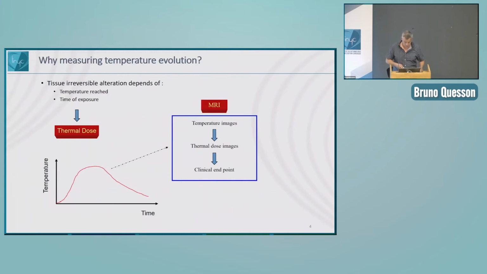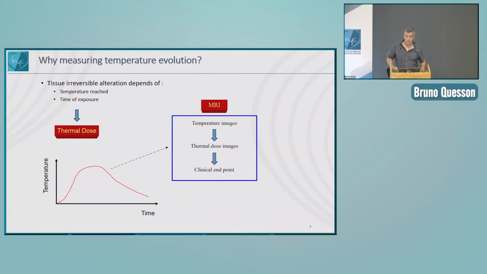And this leads to another concept, which is called the thermal dose. The thermal dose relies basically on the area under the curve of the temperature curve over time.